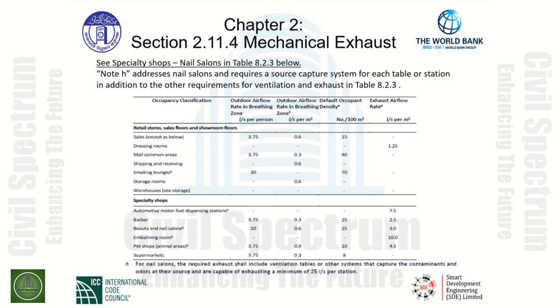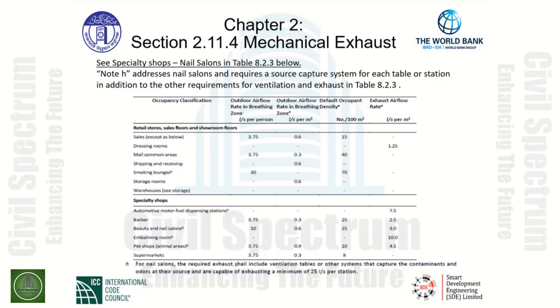In Table 8.2.3 below, in the specialty shop category, beauty and nail salons. Note H at the end of this particular table addresses nail salons and requires a source capture system for each nail table or station, in addition to the other requirements for ventilation and exhaust in this table.